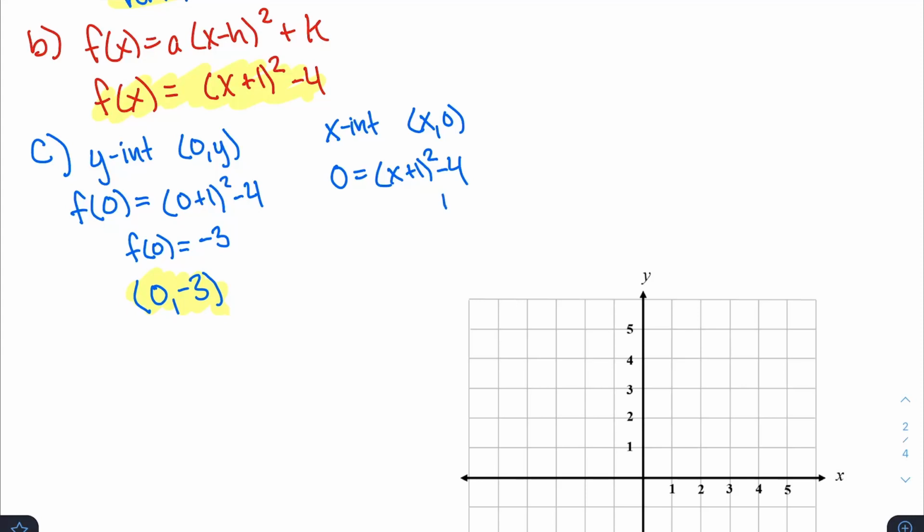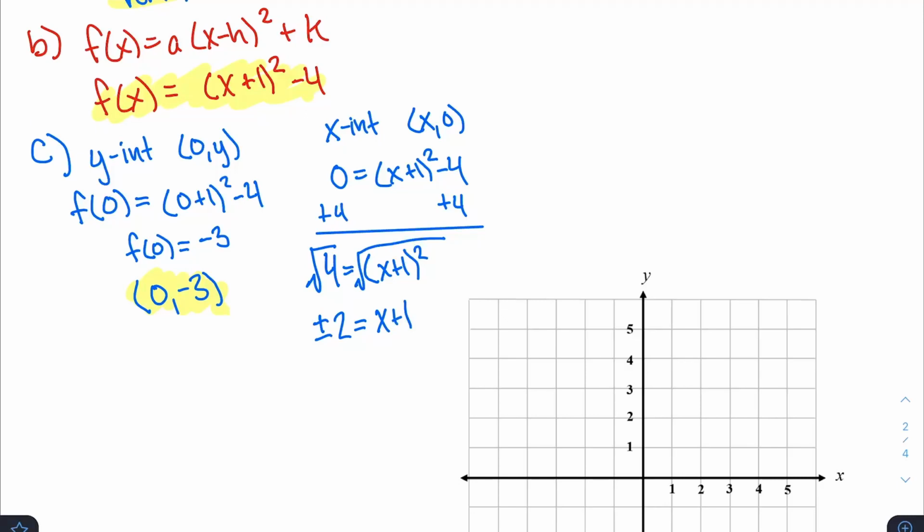One way is I can add 4 to the left and the right, giving me 4 is equal to x plus 1 squared. I can then take the square root, giving me plus or minus 2 on the left and x plus 1 on the right, and then I can subtract 1. If I subtract 1, I'm left with negative 1 plus or minus 2 is x.